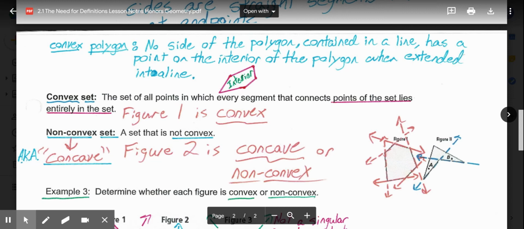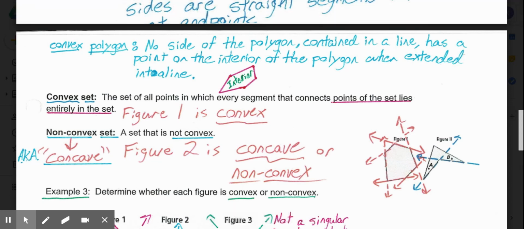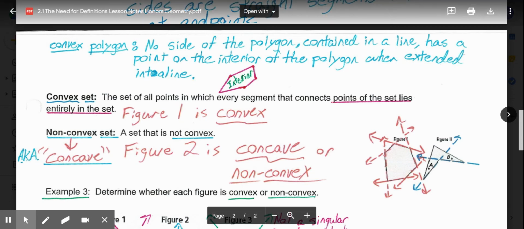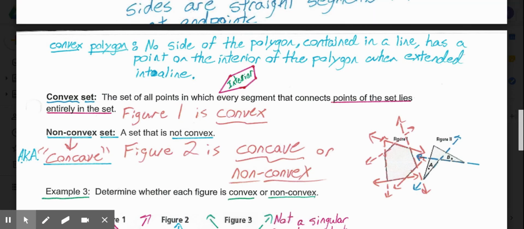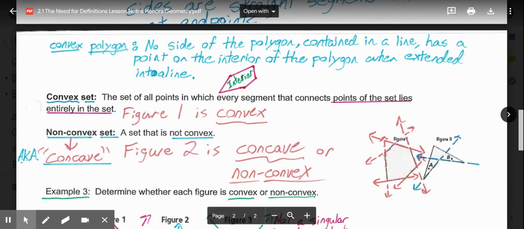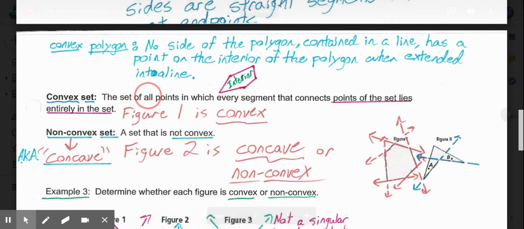So figure 1 at the right is an example of this definition. Figure 1 is what we would call a convex set, because the set of all the points, in which every segment connects points of the set, lies entirely in the set.